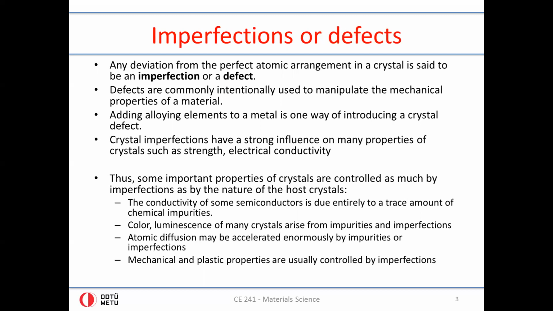deviations from perfect atomic arrangement in a crystal, meaning in 3 dimensions, if you have an FCC type of repeating structure, this requires that throughout the whole crystal, you have the same distance between 2 atoms in a chosen crystal direction.